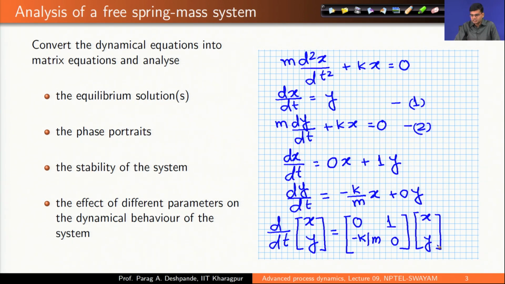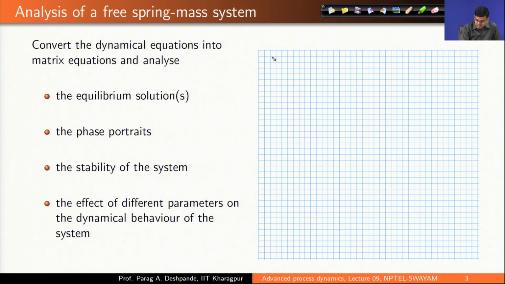Let us see if I can do this for the second equation. So, my second equation was m d2x by dt squared plus c dx by dt plus k x is equal to 0.